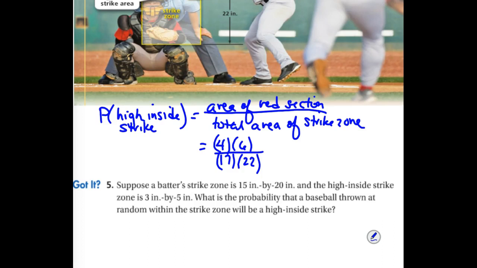Make sure if you're going to type it that way in your calculator that you put the 17 and the 22 in parentheses and use a multiplication symbol in between instead of each individually in a parenthesis. Go ahead and figure out what that probability is. All right, I'm seeing 0.064 for a decimal. So it would be about 6.4%.